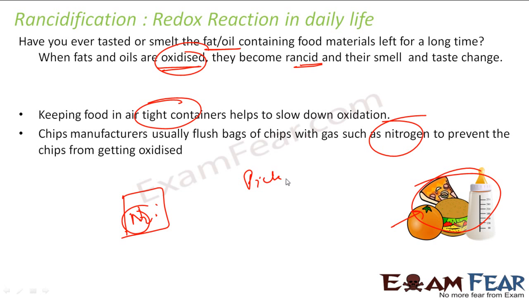The pickle we have in homes is dipped in oil. Why? Because in oil, it won't come in contact with oxygen, it won't become rancid and it won't get spoiled, right? So that's one way to prevent these things from becoming rancid.